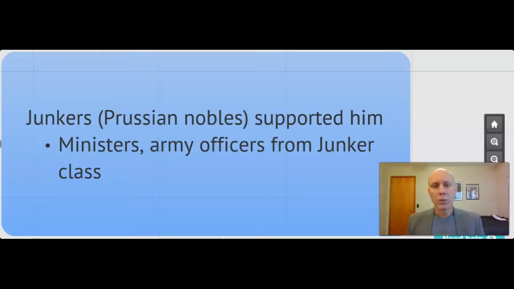And also some of the lead people within government and certainly within the military were also supportive of the ambitions of Wilhelm I. And so even though he might have had some opposition to his ideas and his ambitions, strategically placed throughout Prussia, he had the support he needed.